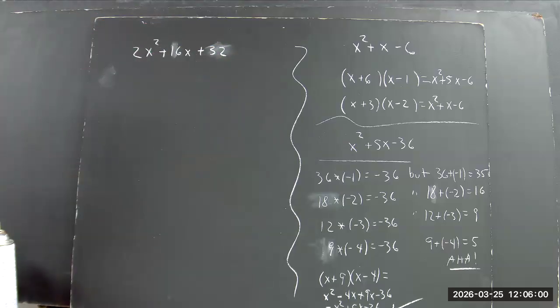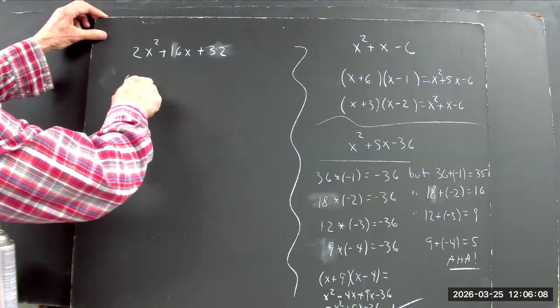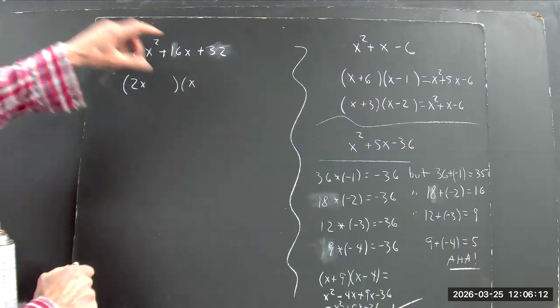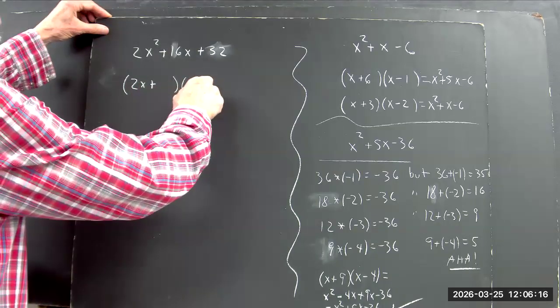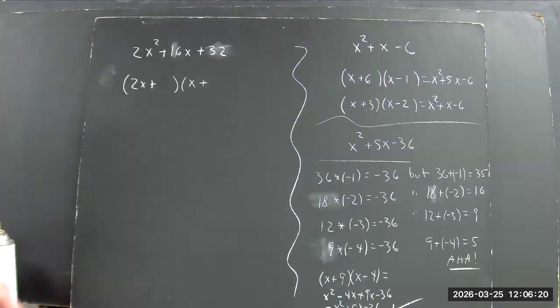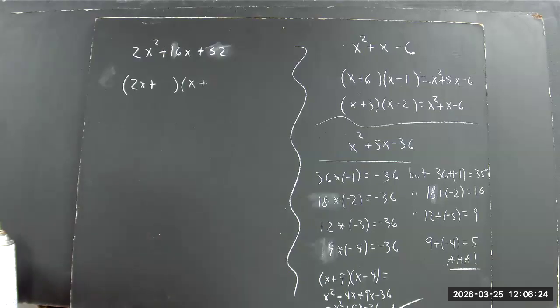Okay, so here it is. Now, what are you going to do about that? Well, systematically, you put a 2x here and an x here. Everything's plus up here, so you know we're going to be doing a plus and a plus. So we can check out, again, numbers that multiply out to 32, right?